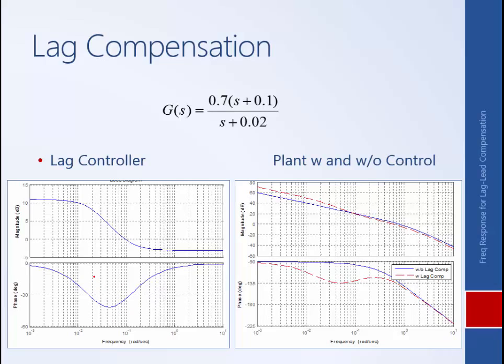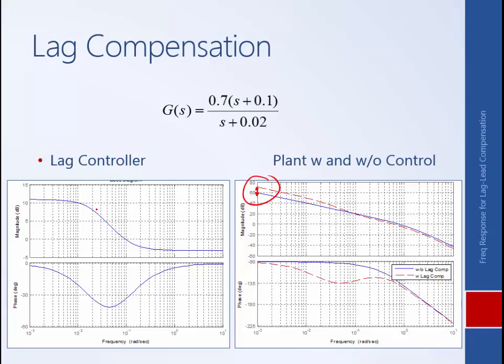And the way that we design it, we add it to our plant, and we can see that by increasing the DC gain, again, we help the steady state error. Comparing to the lead compensator on the previous slide, we increase the DC gain a similar amount. We then choose how much reduction in gain.